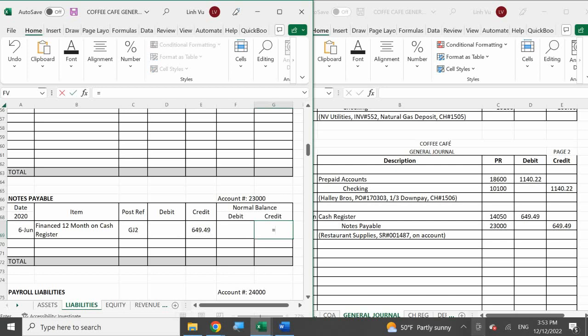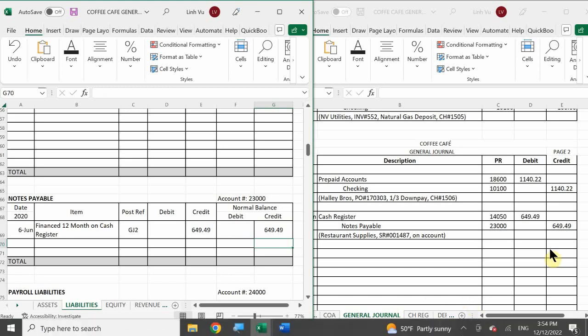If I'm at 0 and I am increasing on the credit side, I need to make sure I'm on the correct credit side for the account balance of $649.49.